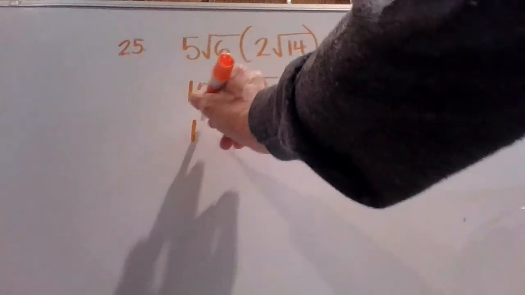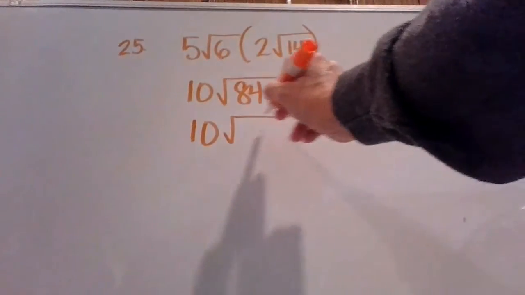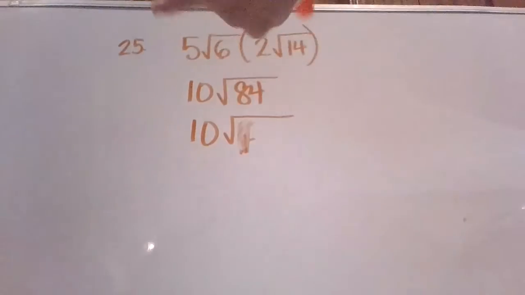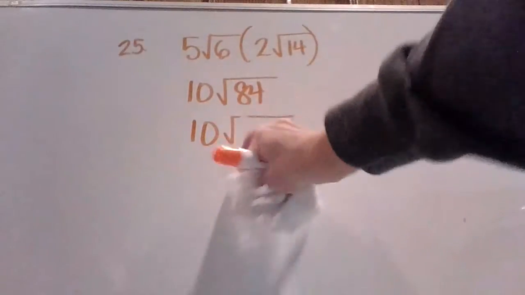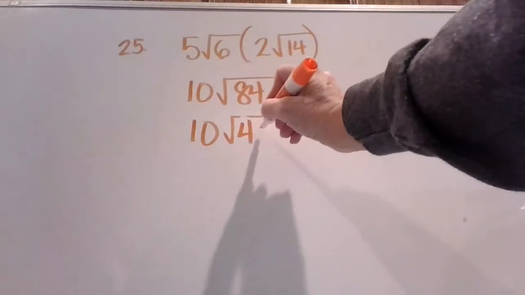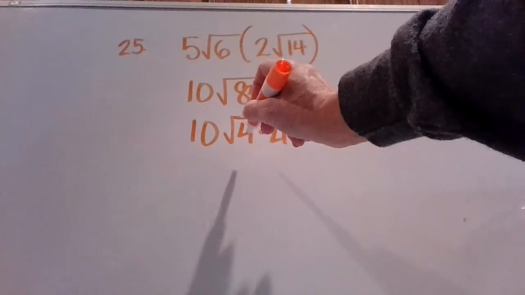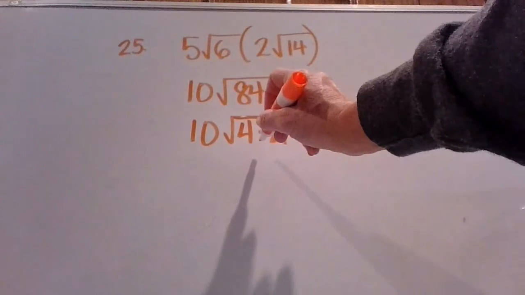So this means 10 times the square root of 4 times 21. 21 breaks down to only 3 and 7. There's no 2 of a kind out of it. But there is with this 4. So, the square root of 4 is 2.